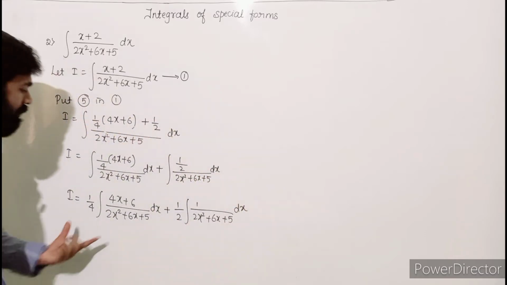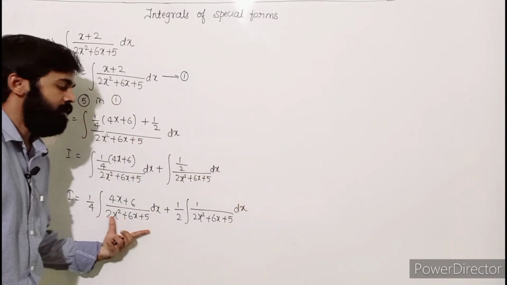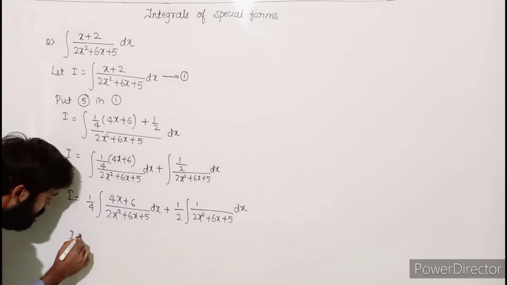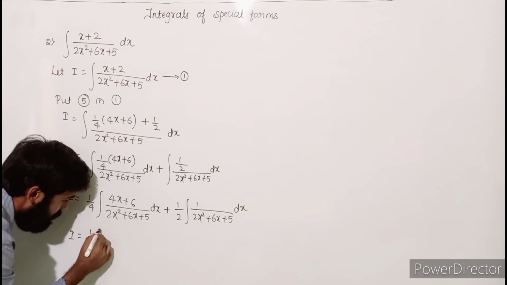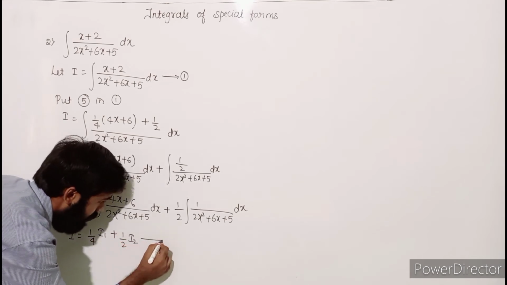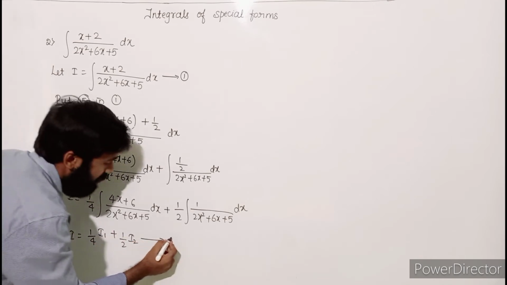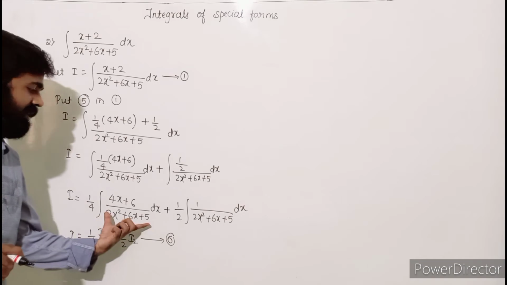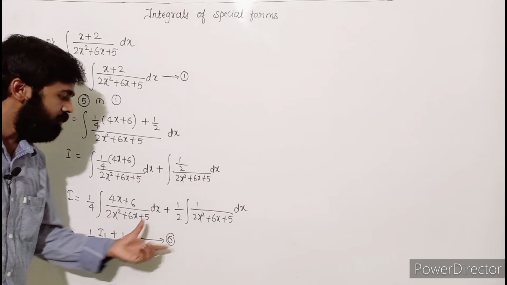Right, now I will take this integral as I1, this integral as I2. Now see here, I equals 1 by 4 times I1 plus 1 by 2 times I2. I call this equation 6. Okay, so what is I1? I1 is nothing but this integral. What is I2? This integral.